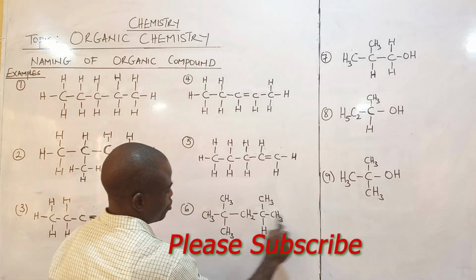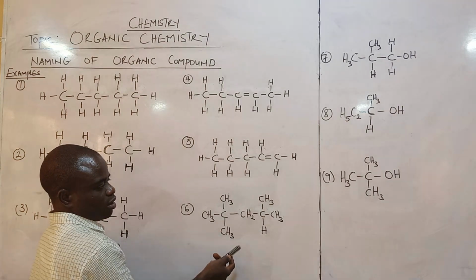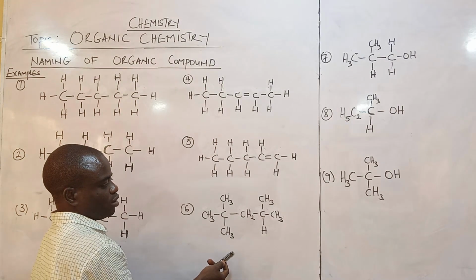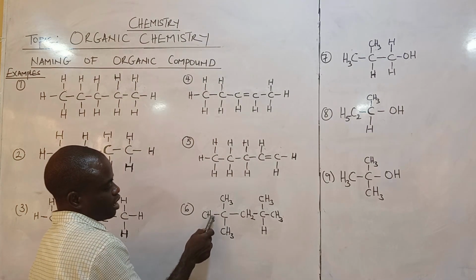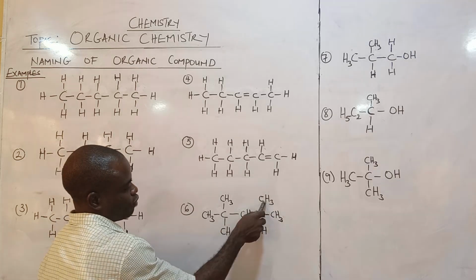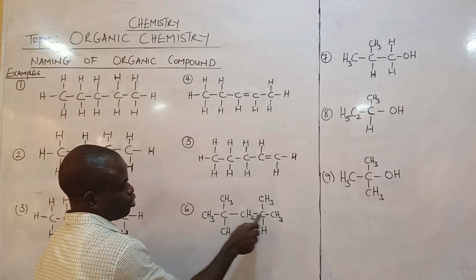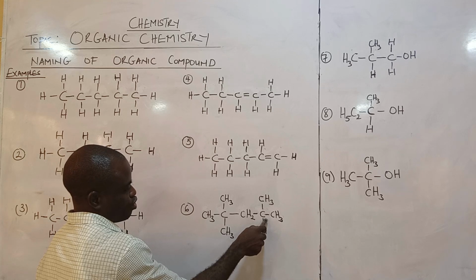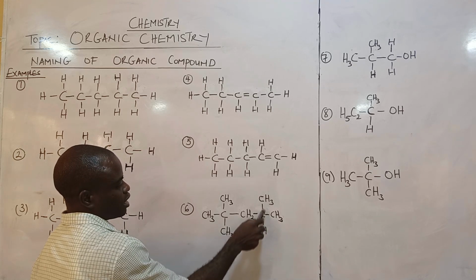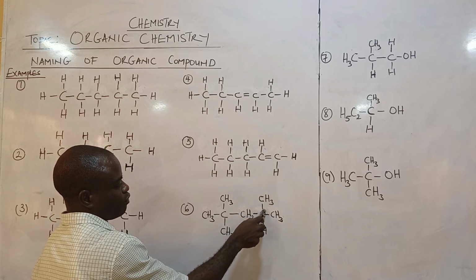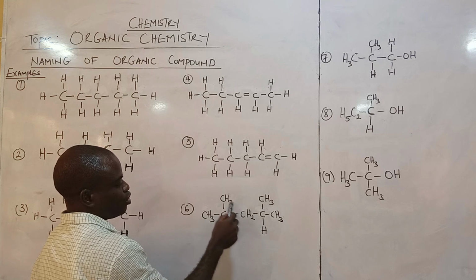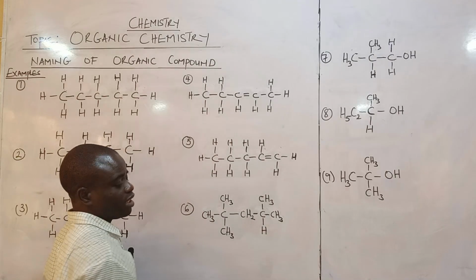Now if I pick like this, 1 2 3 4 5, it will not be 2,2,4, because it's attached to this carbon number 4: 2,2,4-trimethylpentane.